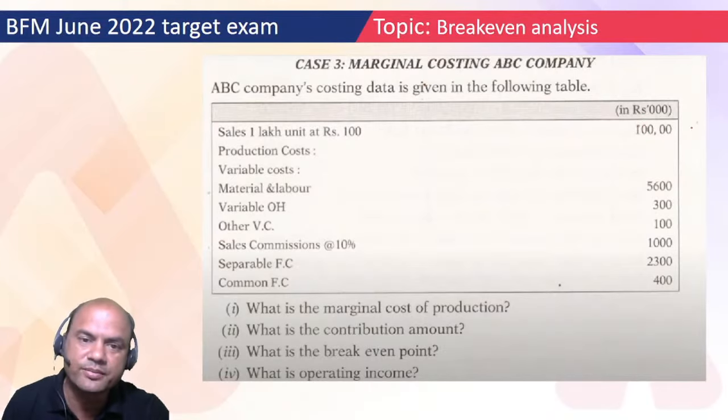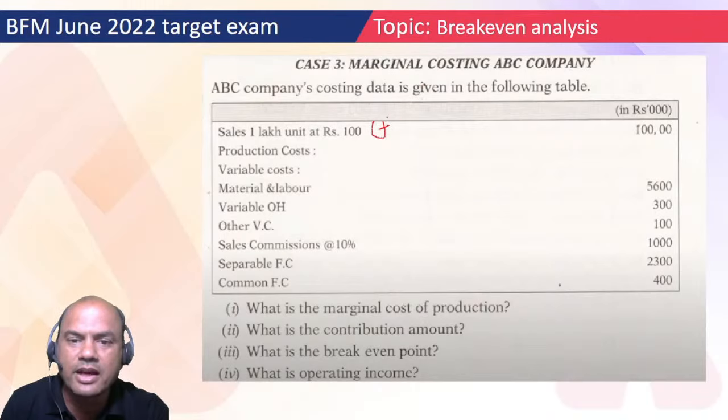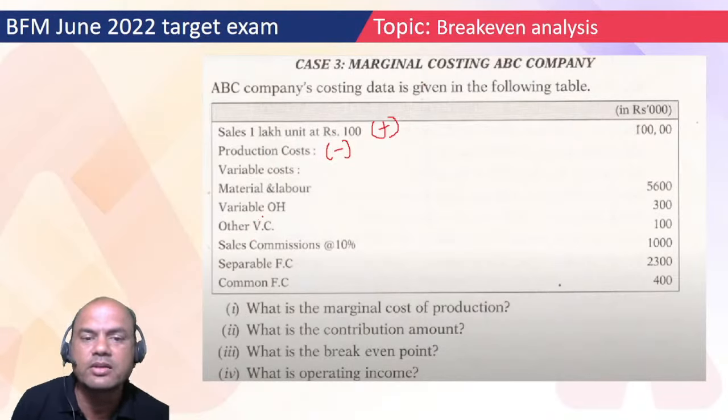So 7 zeros. So now what we do is, instead of calculating all these 7 zeros, we'll only consider it in 100, 56, something like that. Okay, so it's easy for us to calculate. So this is sales here. Understand the problem. This is plus, this is what I've gotten, money is coming, right? Plus sales has happened, and these are costs, so these are all minus over here. Everything below is minus. Okay, and in this minus there are two parts over here now. Variable cost, see this, there are two costs over here.